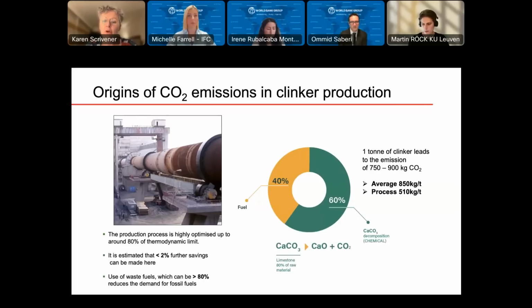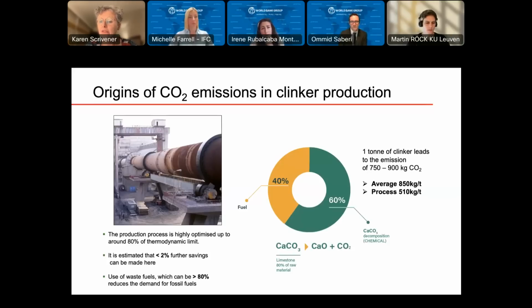So if we look at the case of cement, the first stage in producing cement is producing what we call clinker. This is the material that comes out of this very big cement kiln you see on the left here. And a lot of people talk about the very high temperatures needed to produce clinker.